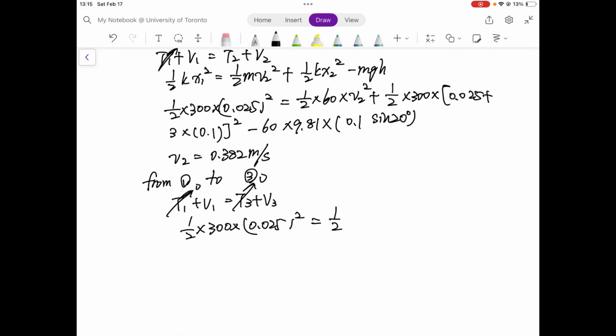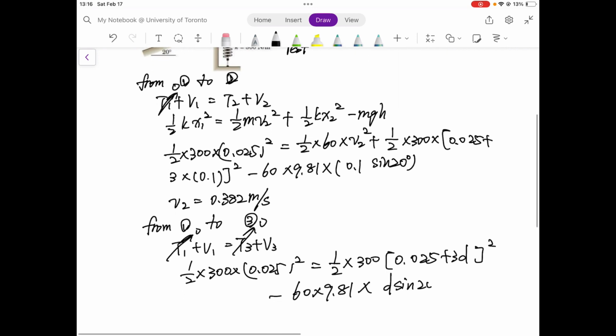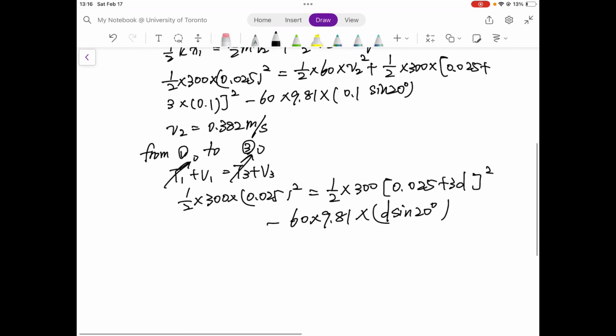So we have 1 over 2 times 300 times (0.025 plus 3D) squared, minus the gravitational potential energy, so it's 60 times 9.81 times D times sine 20 degrees. After we solve this equation, we have D is equal to 0.16 meter.